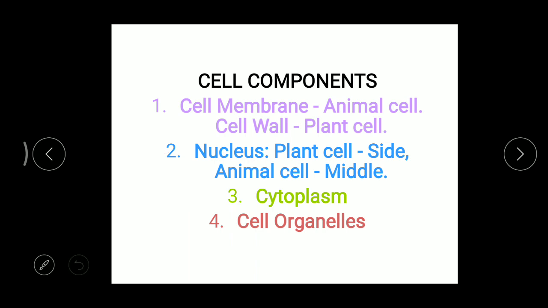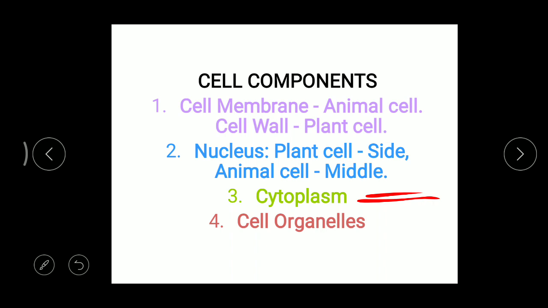And the next part is the cytoplasm. What is cytoplasm? See, when you take any pond or lake, it is filled with water, right? In the same way, the whole cell is filled with a jelly-like substance, and that substance is called cytoplasm.